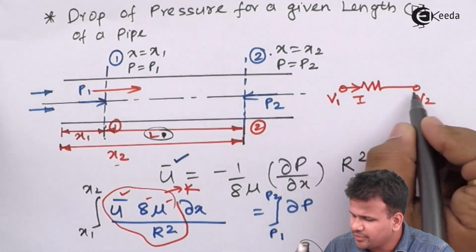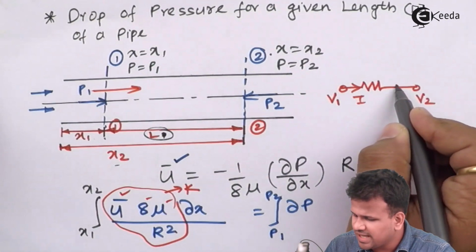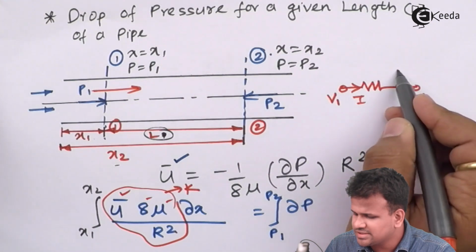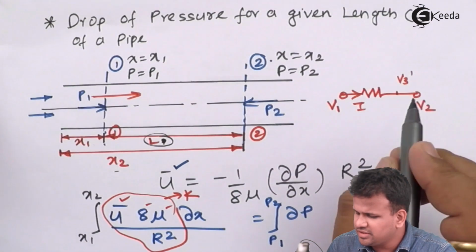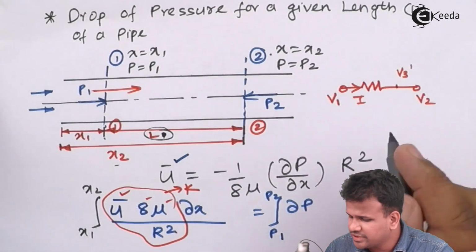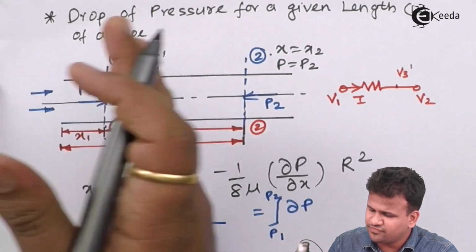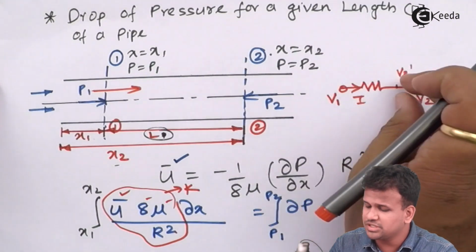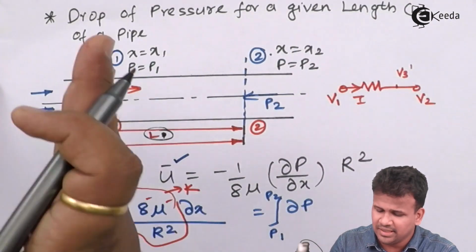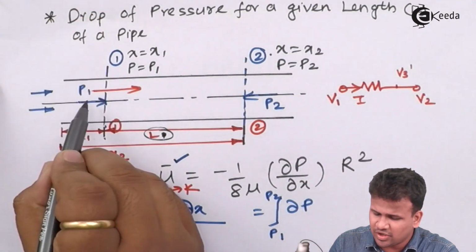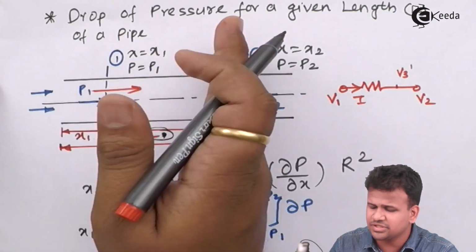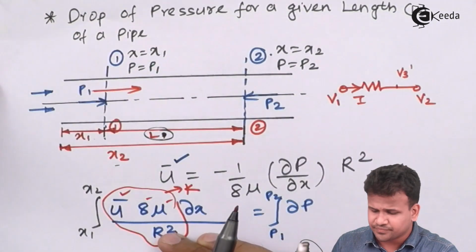During this entire part, if you consider this as a point, over here this is V3. V3 point will have a lower potential as compared to V1. That means as it goes from left to right, the potential is going to decrease. Similarly, as it goes from P1 to P2, the pressure is going to reduce.